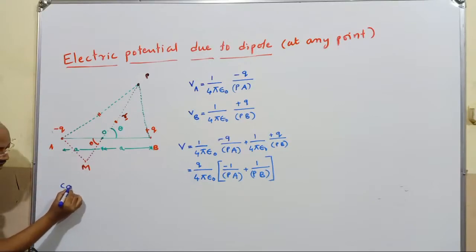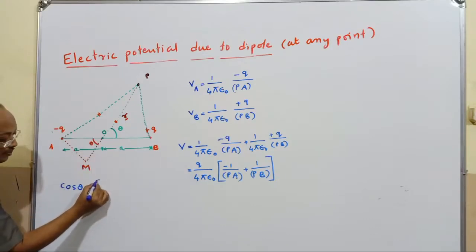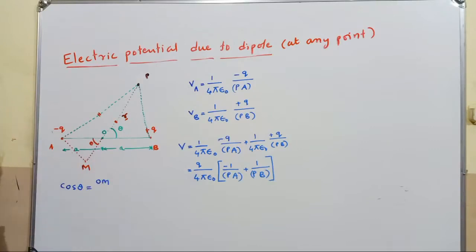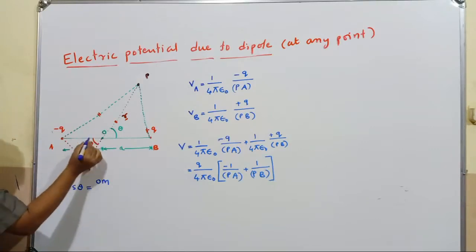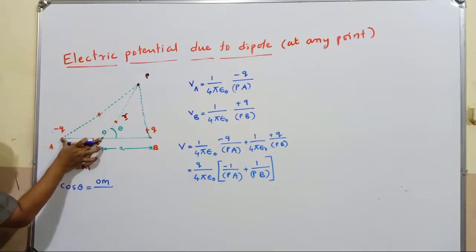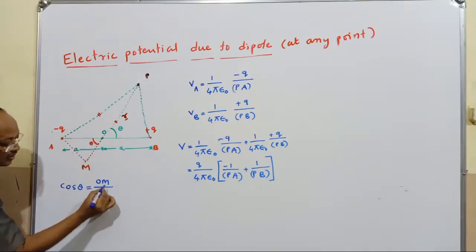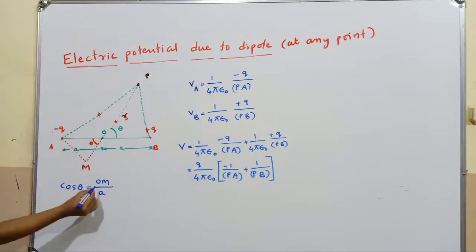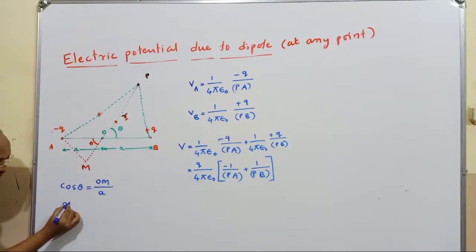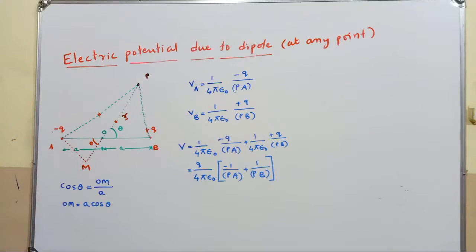Cos theta is equal to adjacent OM over the hypotenuse, which is half of the dipole length from the center, a. So OM is equal to a cos theta.